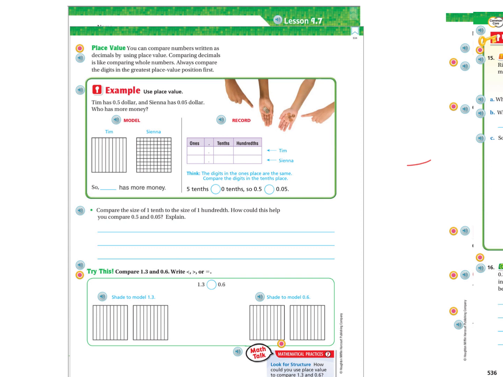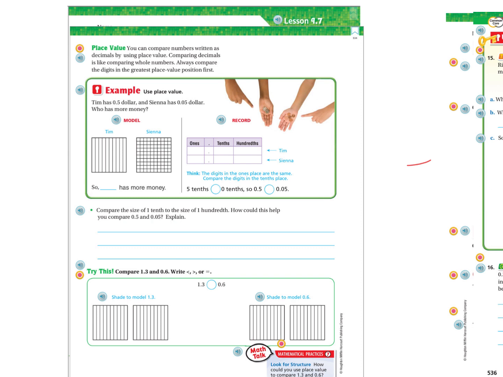Comparing decimals is like comparing whole numbers. Always compare the digits in the greatest place value position first. It's kind of like our self-start yesterday. So we always compare the greatest value first. In this case, if you have wholes, you would look at the wholes. And if you don't have wholes, then you go to the next place value, which is what?